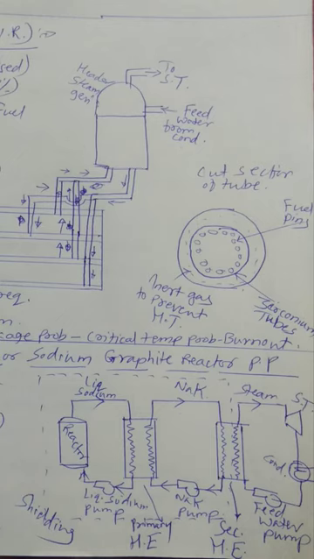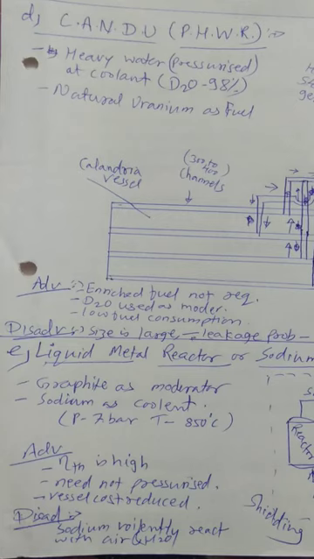The sodium graphite reactor is a typical liquid metal reactor because it uses graphite as a moderator and liquid sodium as a coolant, which transfers the heat from the reactor to the first heat exchanger, called the primary heat exchanger, at about 850 degrees Celsius. Sodium is the coolant, and the pressure is only about 7 bar.